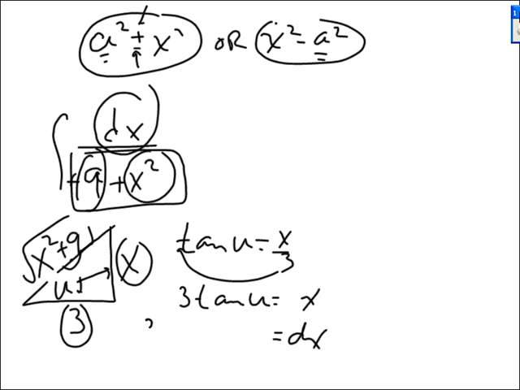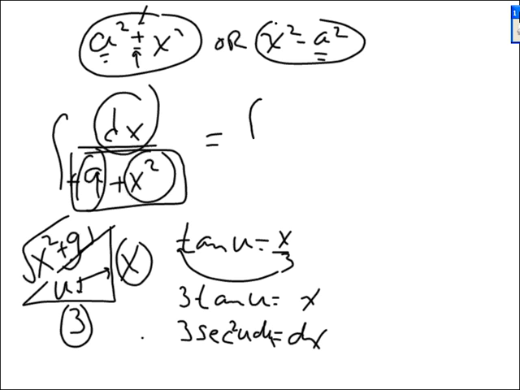The left side will be 3 secant u tangent u. As though that's not true. The derivative of tangent u is secant squared u. So what we're going to get is 3 secant squared u du.